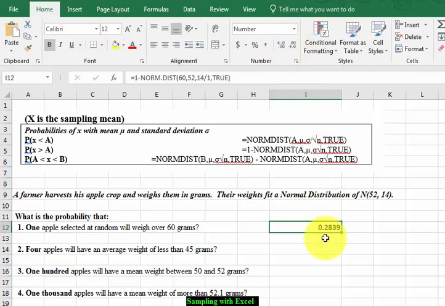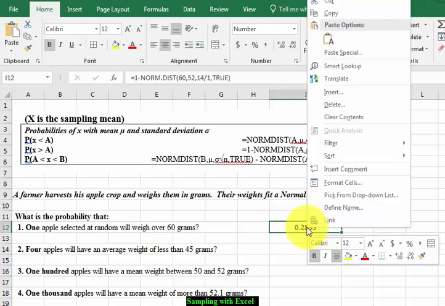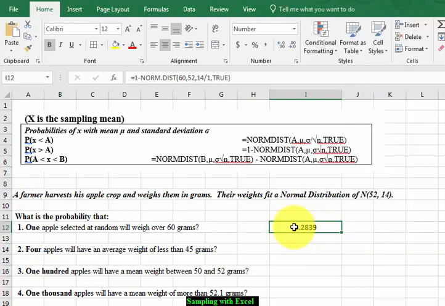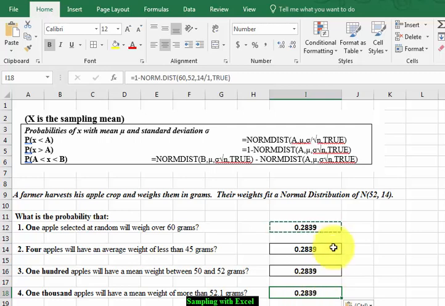Let's stick to 4 place values, which is what most books do, and center it, with little borders around it. Then I'm going to Control C and paste it in each of these boxes down here as a shortcut. That's the answer to number 1.